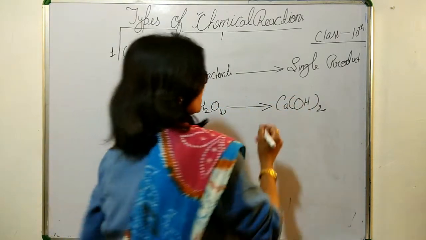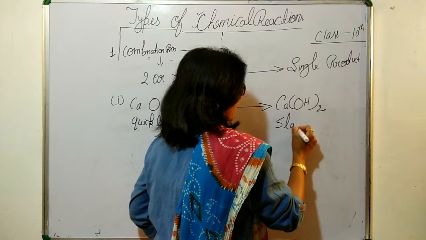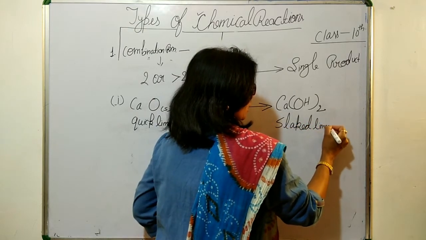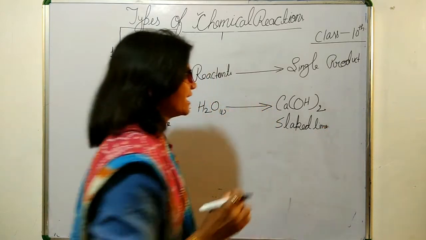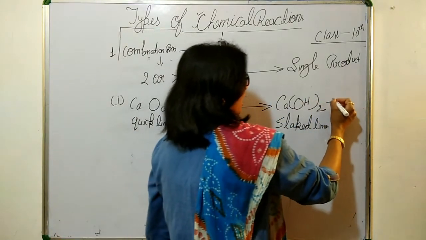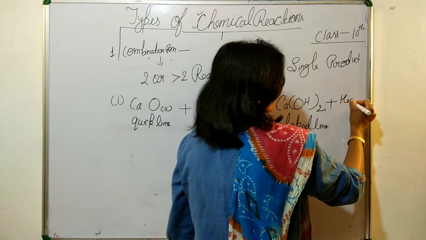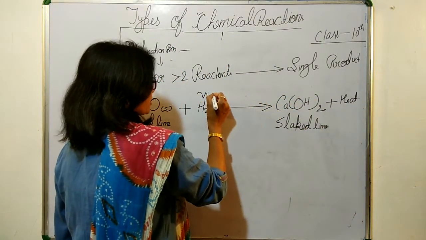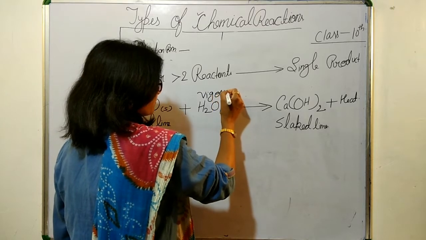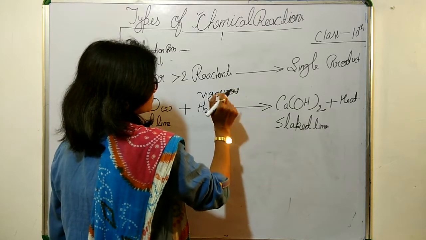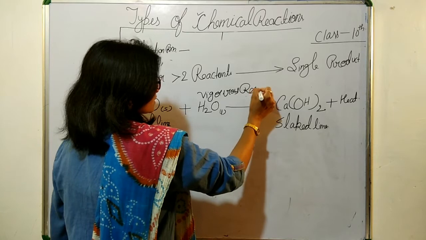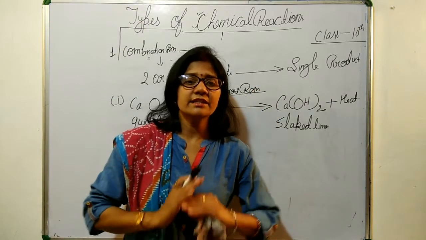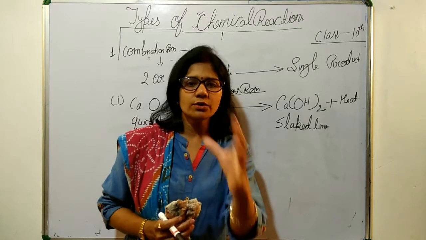This calcium hydroxide is also known as slaked lime. When this reaction takes place, a large amount of heat is released. So it is a vigorous reaction, means it is very fast, and it releases a large amount of heat.